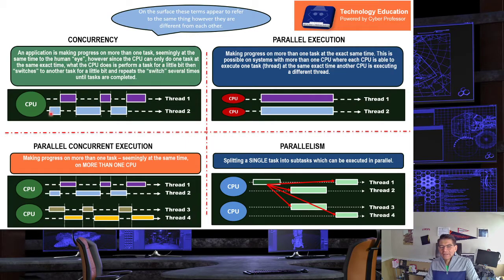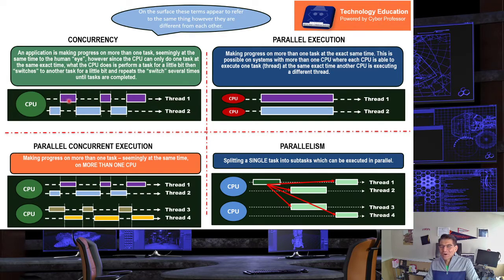It is happening at any given time, and all of a sudden you see this dotted line. This is a point in time in which thread number 2 stops, and it gives CPU allocation to thread number 1, which is depicted in purple right here.